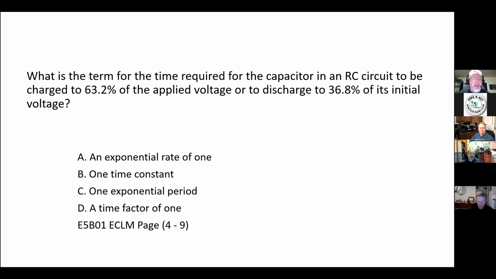B, one time constant. C, one exponential period. D, a time factor of 1. B is correct.